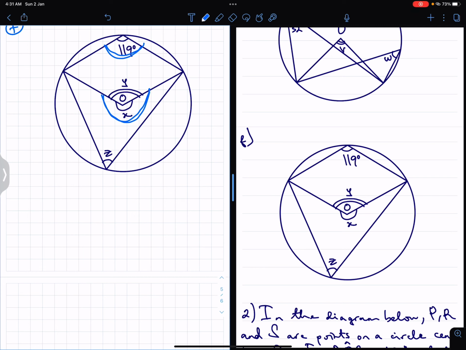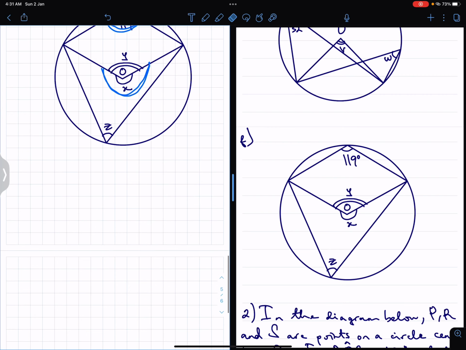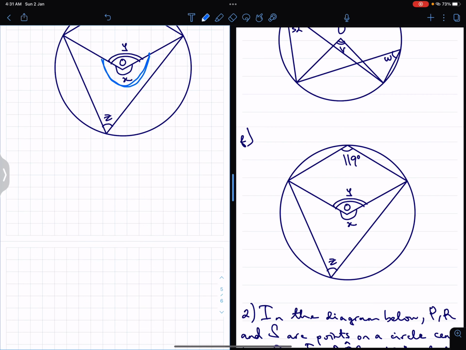The angle at the circumference and the one at the center that are related by that rule that says angle at center is twice angle at circumference must face the same side. So it is y and z that will also be center and circumference angles. So 2z will be y and 2 times 119 will be x. So x equals 2 times 119 degrees. Angle at center is twice angle at circumference, and that's 238 degrees.